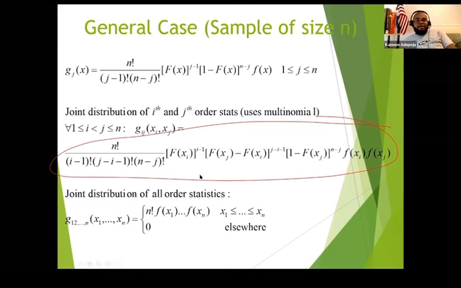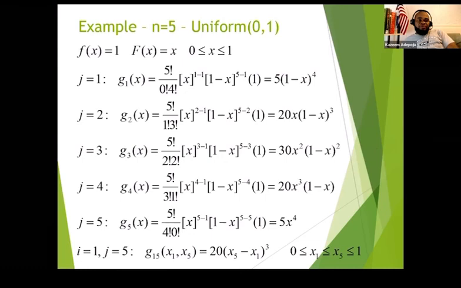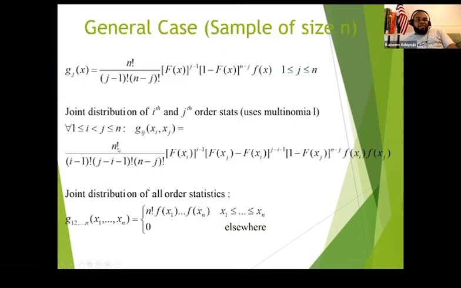Where my i and j, my i is going to be 1 and my j is going to be 5. When I plug in i equal to 1, j equal to 5, you're actually going to see that I have this. You can try that. What I'm trying to say in essence here is that your n is 5, that's 5 factorial, and you plug in the f of x and so on.